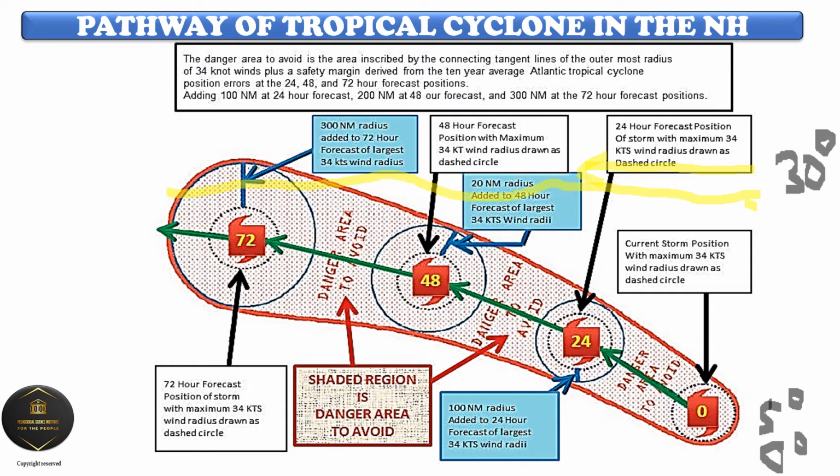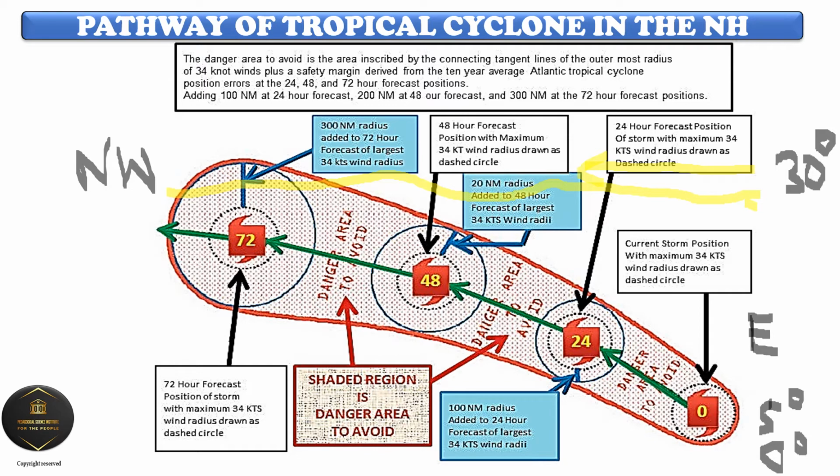So it will start here and it will move in a northwesterly direction. Because where is it coming from? It is coming from the east. So it will move in that direction.